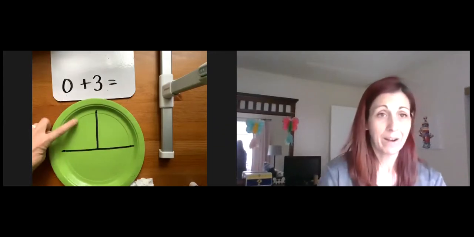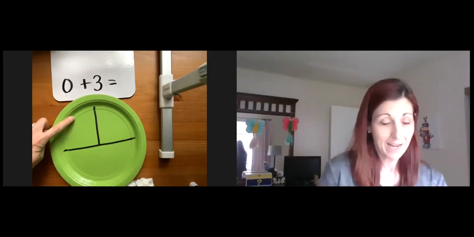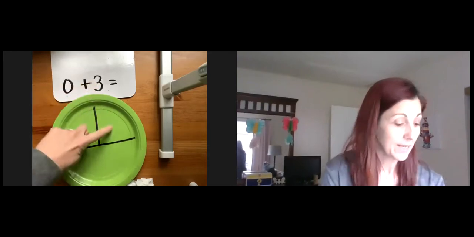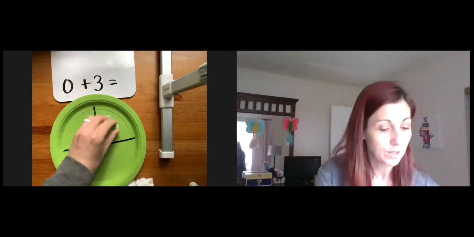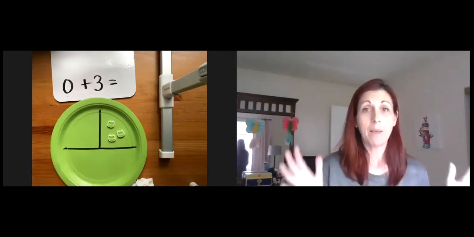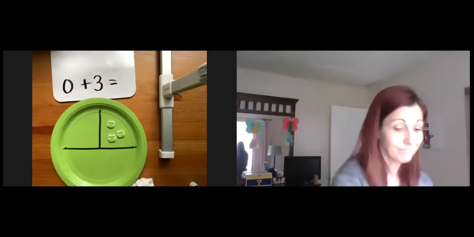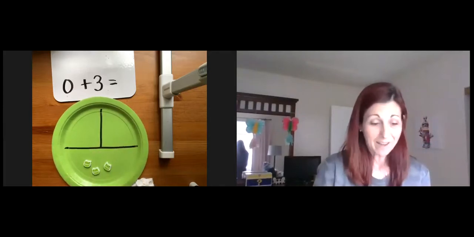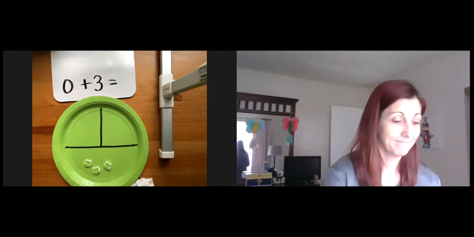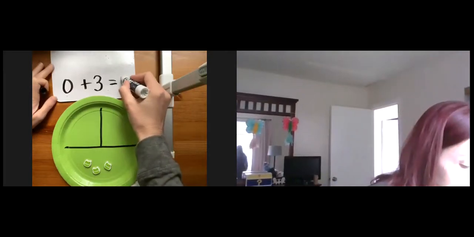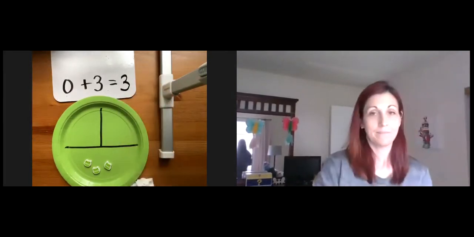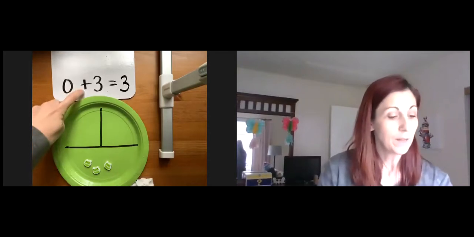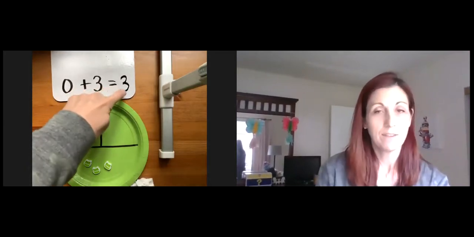If my first part has 0, I don't need any. And if my second part has 3, I'll place 1, 2, 3. And then when I put them all together, I'm going to end up with that same number 3 again. Zero plus 3 equals 3.